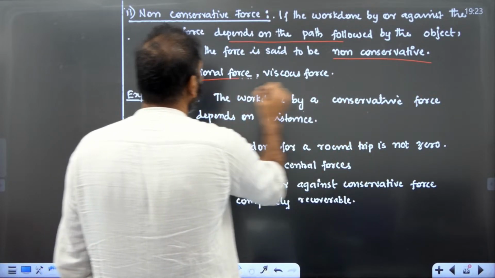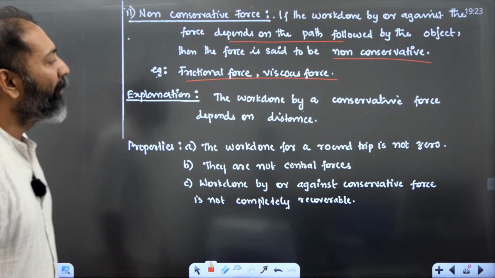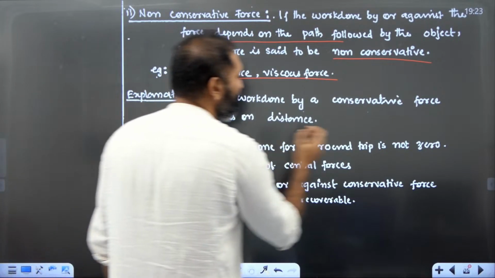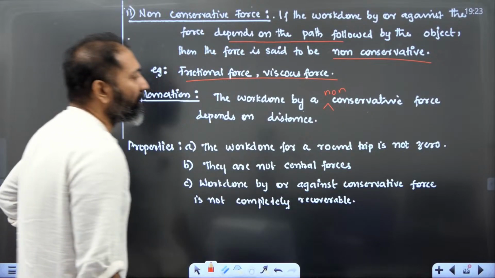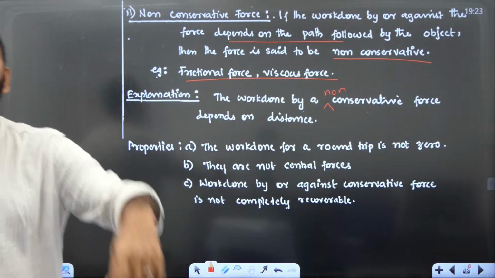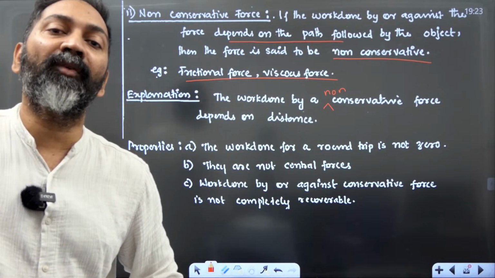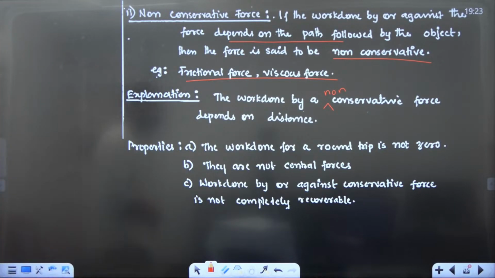Example, frictional force and viscous force. Explanation: work done by a conservative force, here it should be work done by a non-conservative force depends on what? Distance. Work done by a conservative force depends on what? Displacement. Work done by a non-conservative force depends on what? Distance.